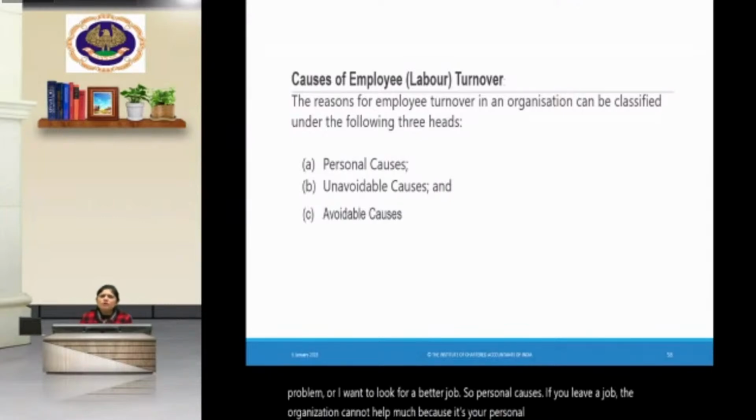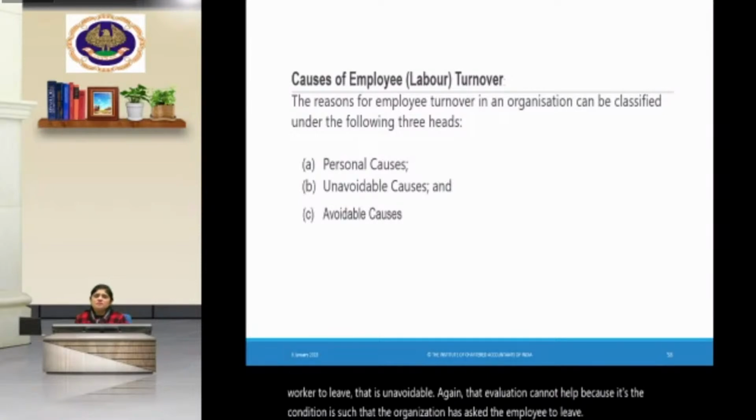Unavoidable causes are when the organization says, we don't have much work, there is recession outside, we don't have many orders, the production has stopped. When the organization asks the employee or worker to leave, that is unavoidable.